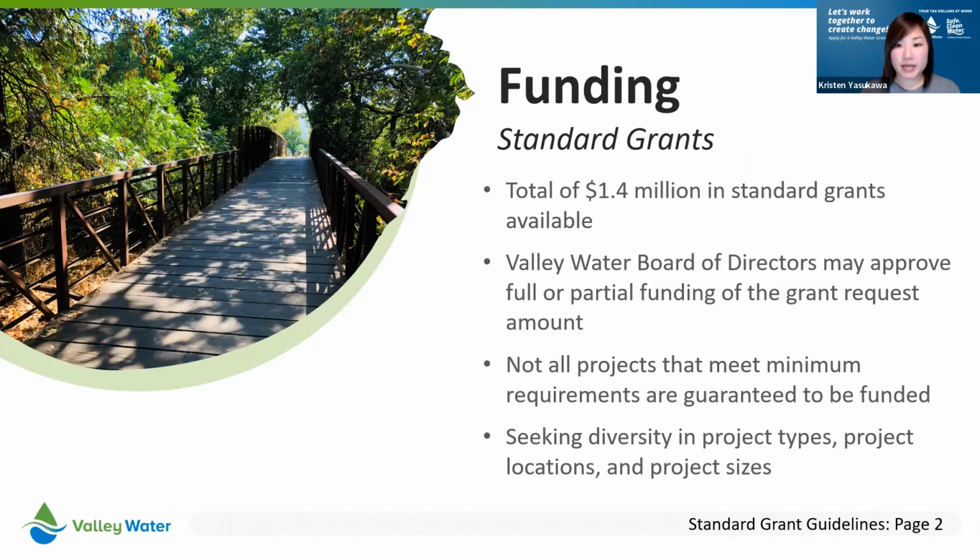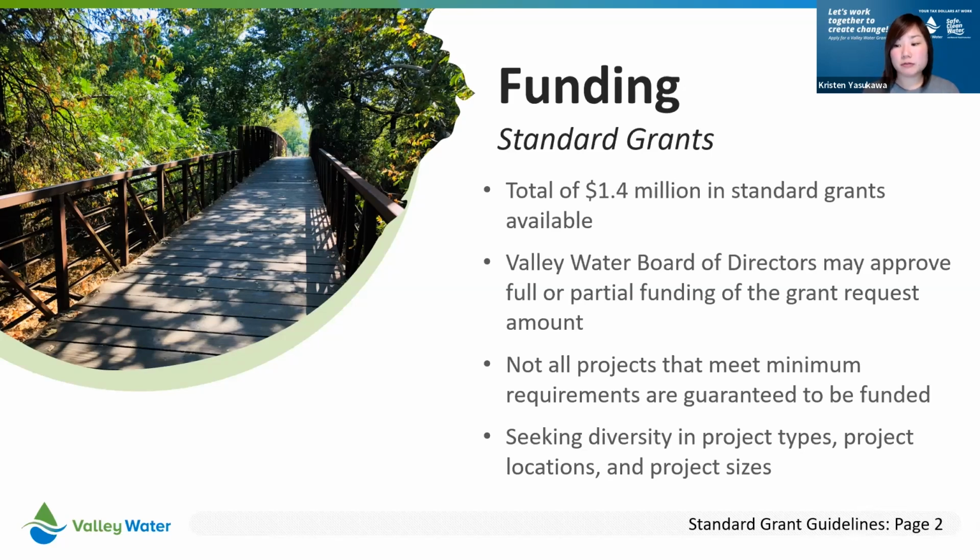And from there, our Valley Water Board of Directors may approve full or partial funding of the grant request amount, and that's dependent on the grant funding allocation matrix, which we will go into more detail further on in the presentation. Because we do have a competitive process and we typically receive applications that equate to more than the total amount available, more than the 1.4 million, just know that not all projects that meet minimum requirements are guaranteed to be funded.